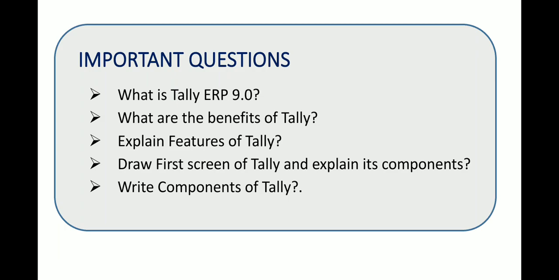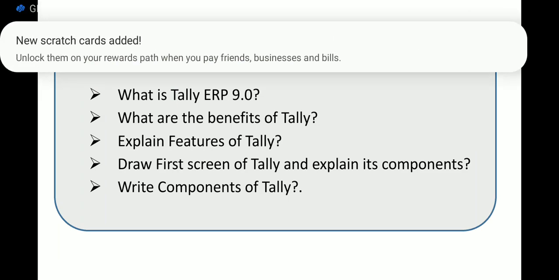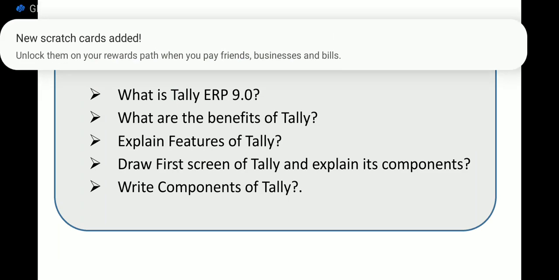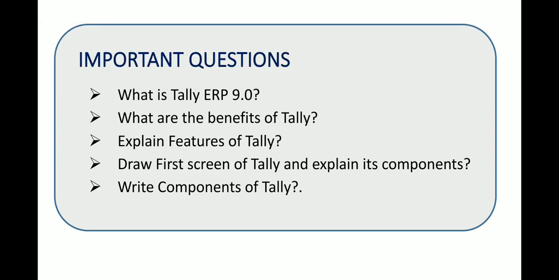What features are there in Tally? You can easily explain the features of Tally. So many features we discussed here. These two questions, what are the benefits of Tally and explain features of Tally, you get for 5 marks.